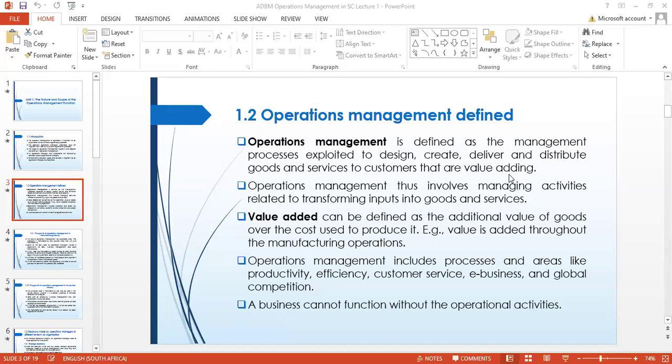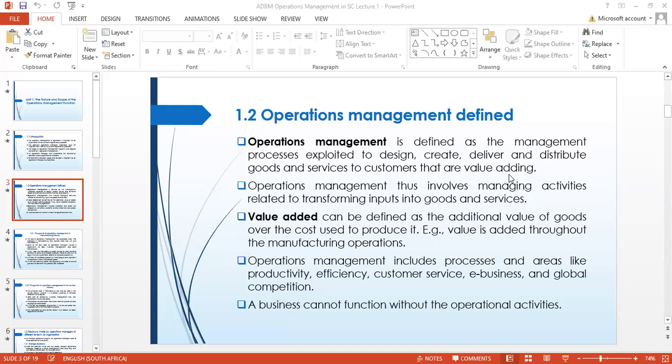Okay. So in operations management, we have various processes and various areas that are covered. We have productivity, efficiency, customer service, e-business or e-commerce, and global competition. These are some of the processes and areas included in operations management.